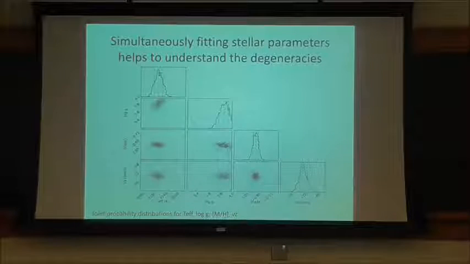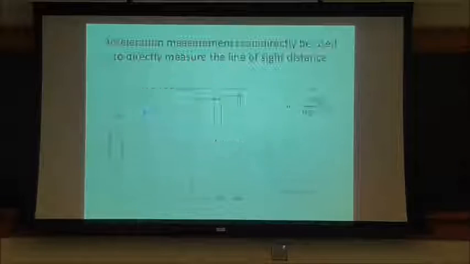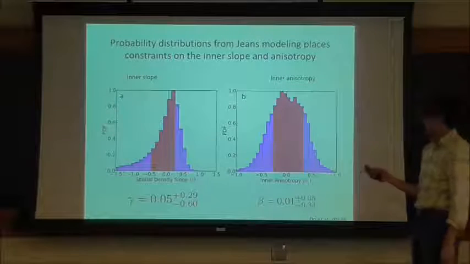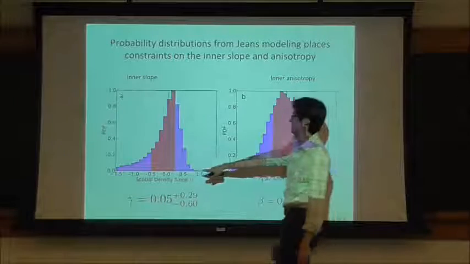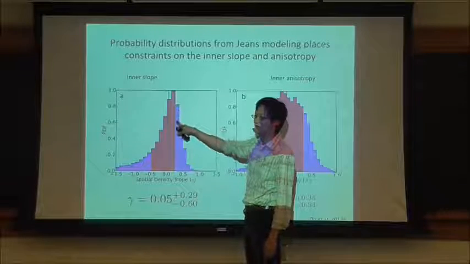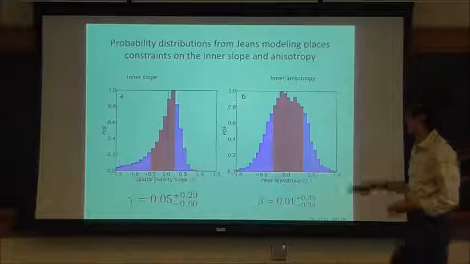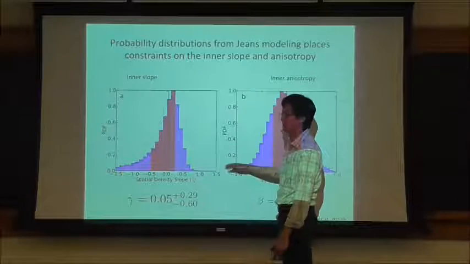Any other questions? You said you did not constrain the cusp. Did you have a best-fit value for your cusp? Yeah, I think this is our best constraint, that it's around 0-ish. That's the three-dimensional slope. And that's 7/4, right? Yeah, 7/4 is not possible, I guess.